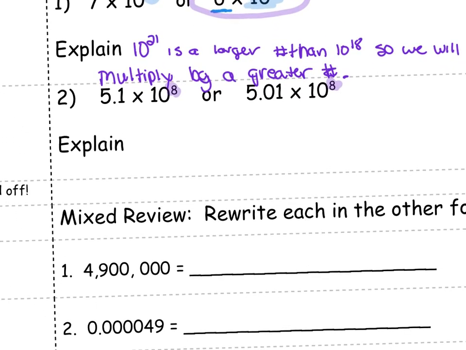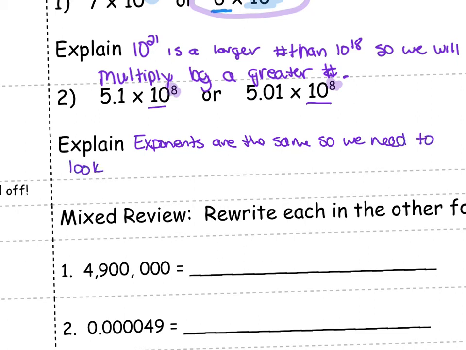So if the exponents are the same, we're multiplying by the same number. So exponents are the same, so we need to look at the coefficient.